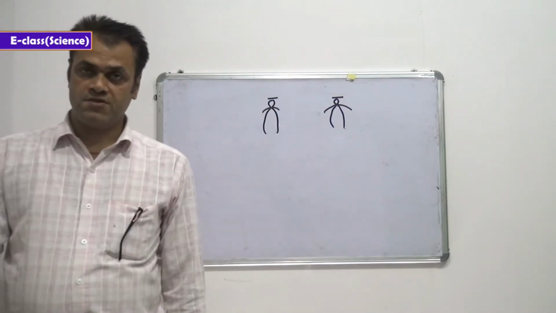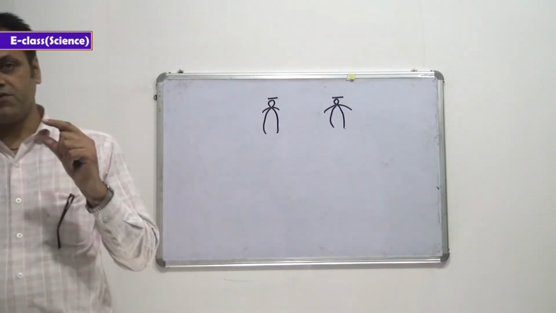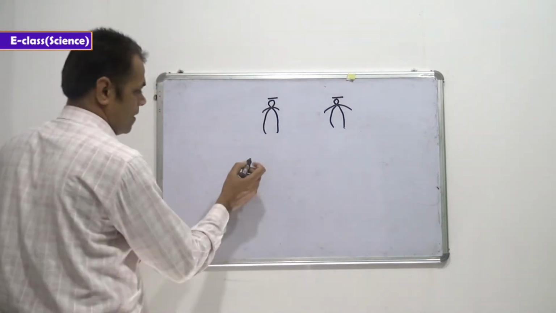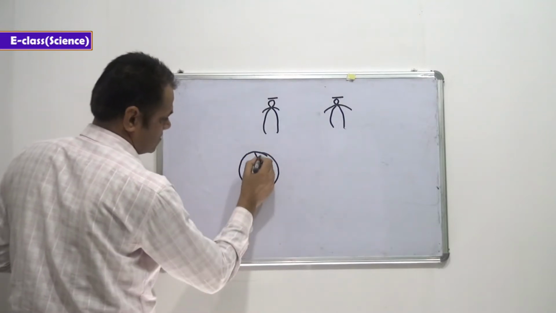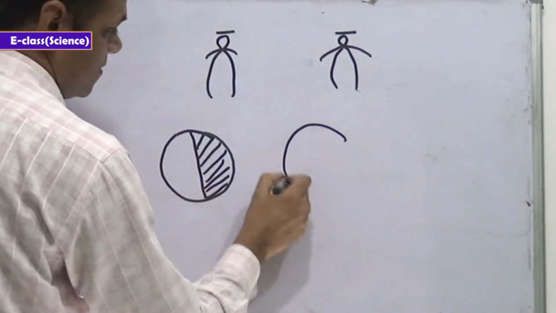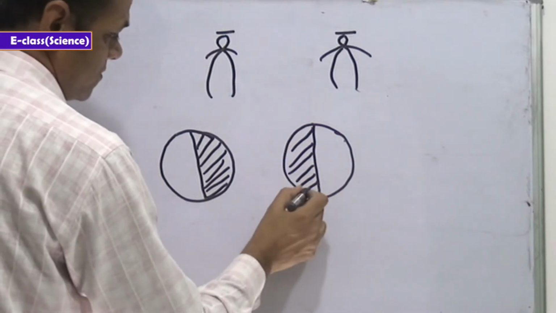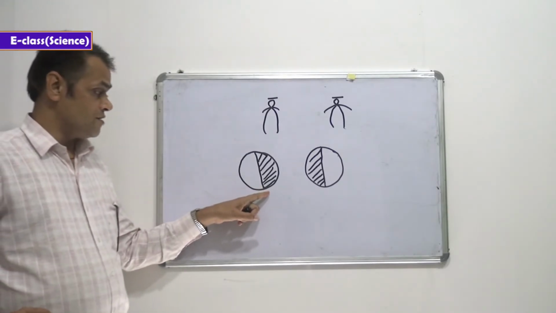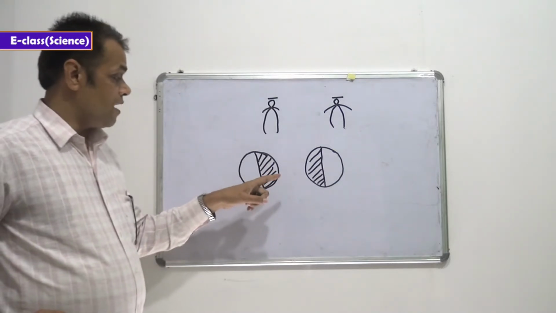The time taken by the earth to complete one rotation about its own axis, with the earth rotating from west to east, that we call one solar day.